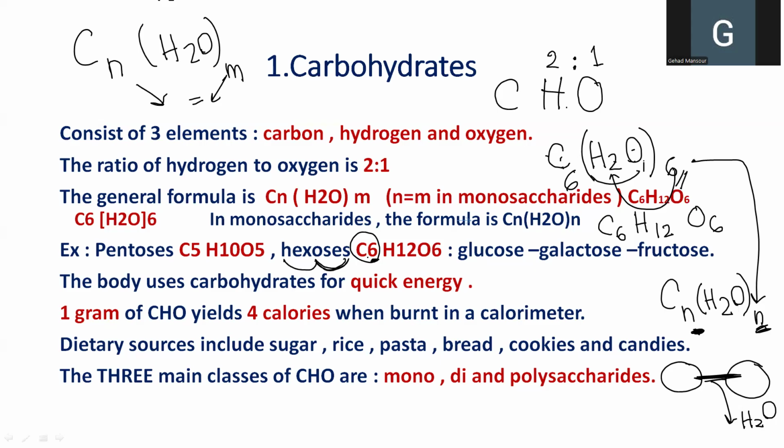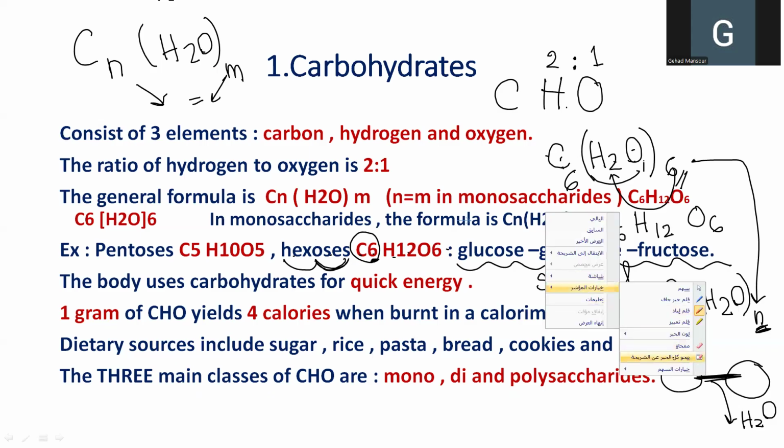So all sugars that have the formula C6H12O6 are called hexoses, and these are actually the 3 known monosaccharides in nature, which are glucose, galactose, and fructose. And needless to say, glucose, galactose, and fructose are structural isomers. They have the same chemical formula, but a different structural formula.